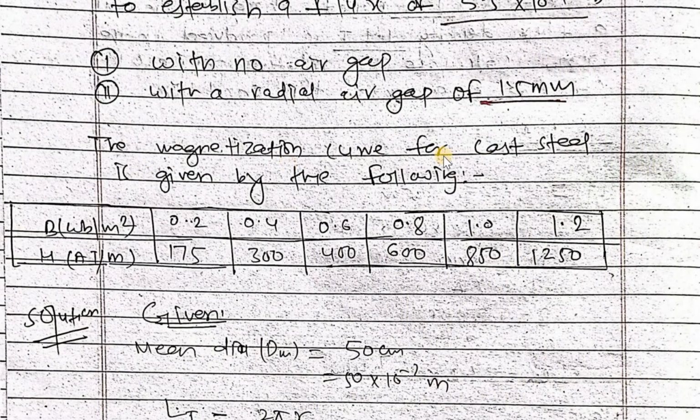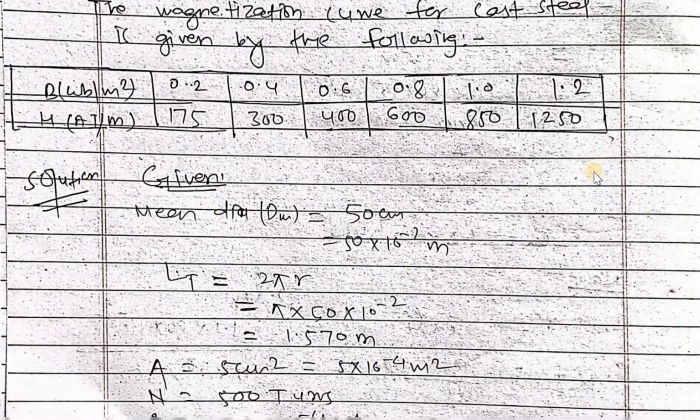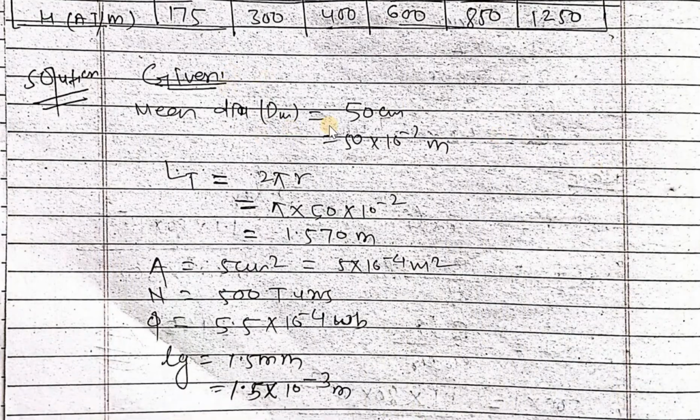The magnetization data for the cast steel is given by: this is flux density, and this is the value of H. 0.2, 175; 0.4, 300; similarly 1.2, 1250.